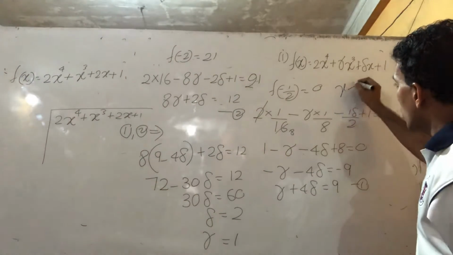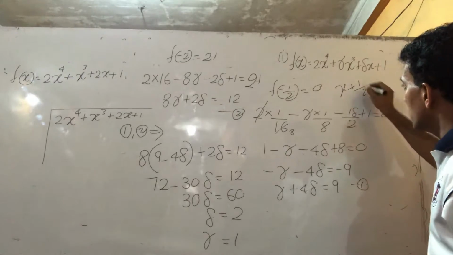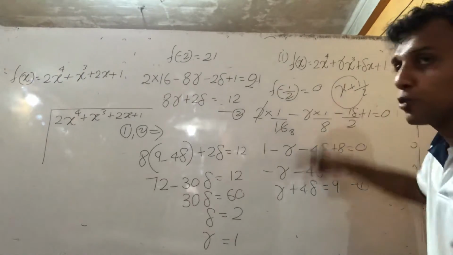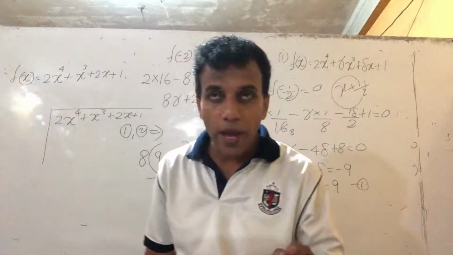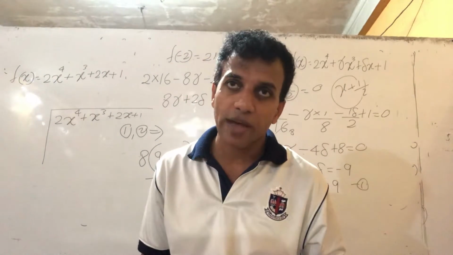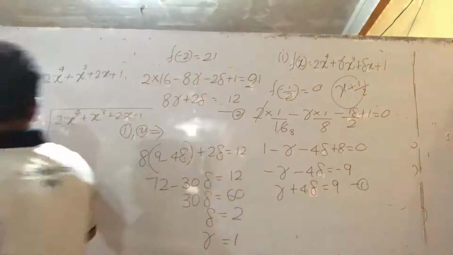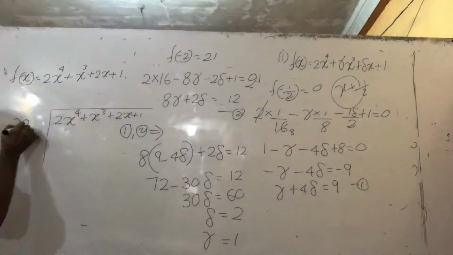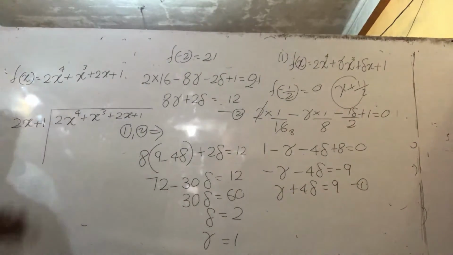Otherwise, multiply by 2: 2x plus 1 is a factor, or x plus half is a factor. Both are the same. So it's easy to divide by 2x plus 1.